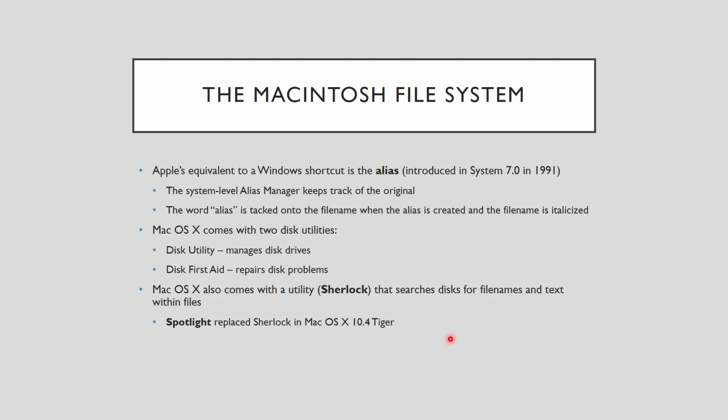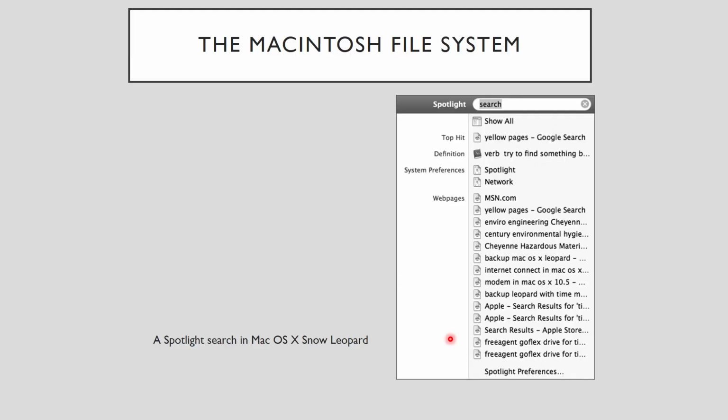Spotlight does the following for the users. It indexes files, so you can find them faster. It enables you to search for something just by typing a few letters of the names, as in Windows.